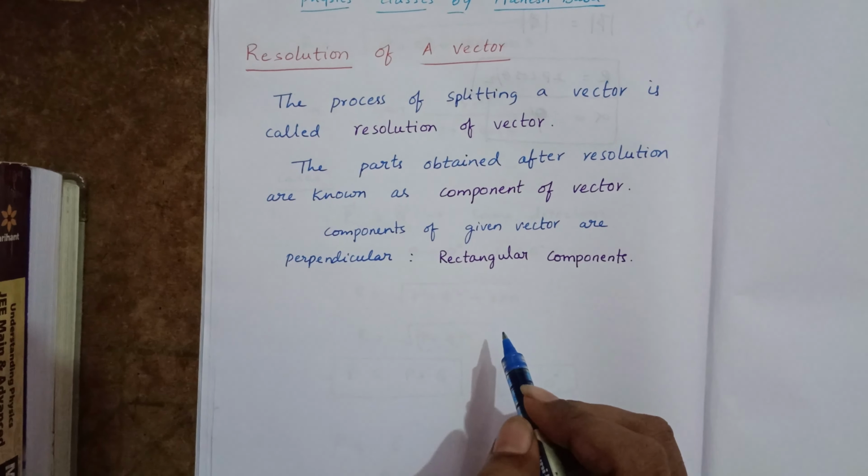Now, we will see, if vector A, this is the vector A in the xy plane. It is making an angle theta with the x-axis, and this is the y-axis.